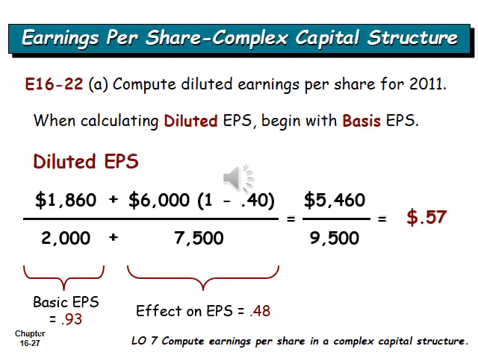And also we have to increase the weighted average number of shares by assuming that all the bonds will be converted into common stock, 7,500. So the diluted earning per share will be net income 5,460 over 9,500 shares outstanding. So the diluted earning per share will be 0.57.